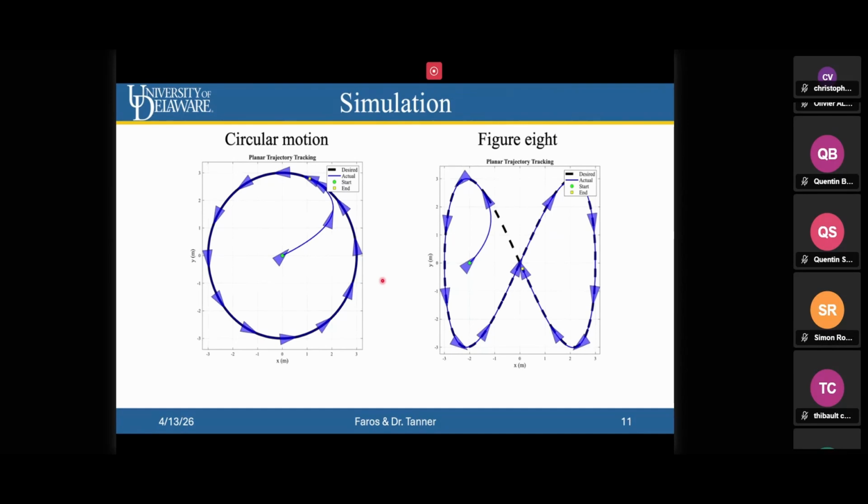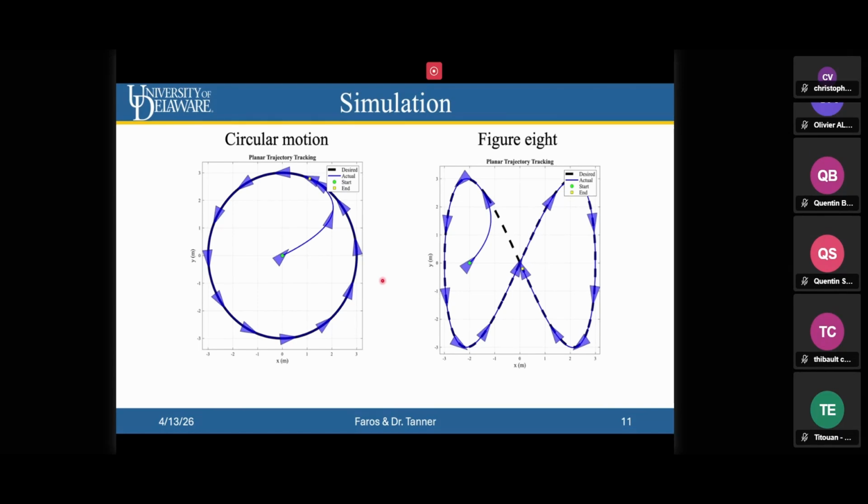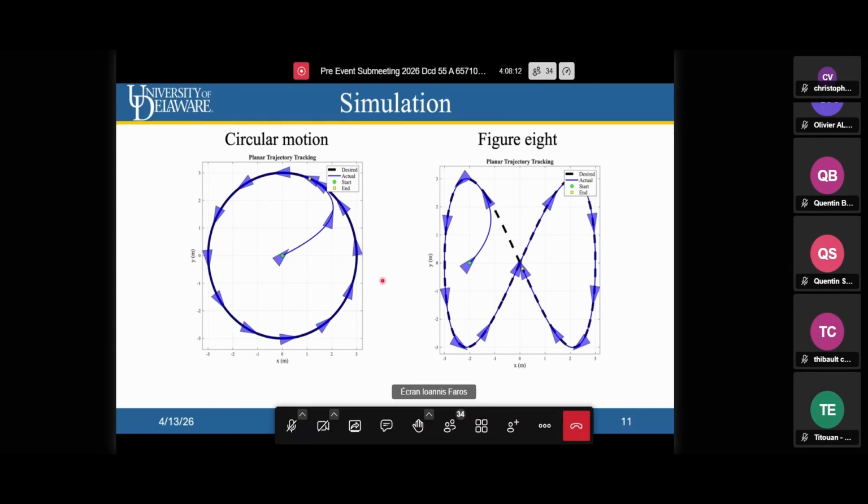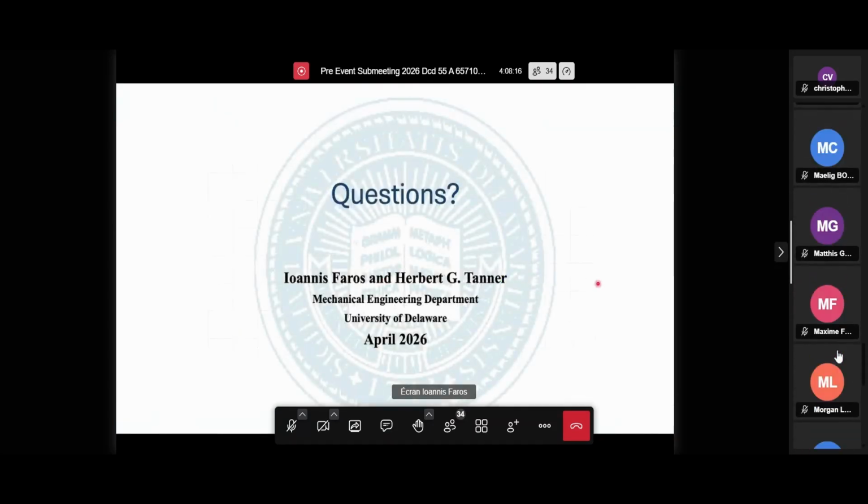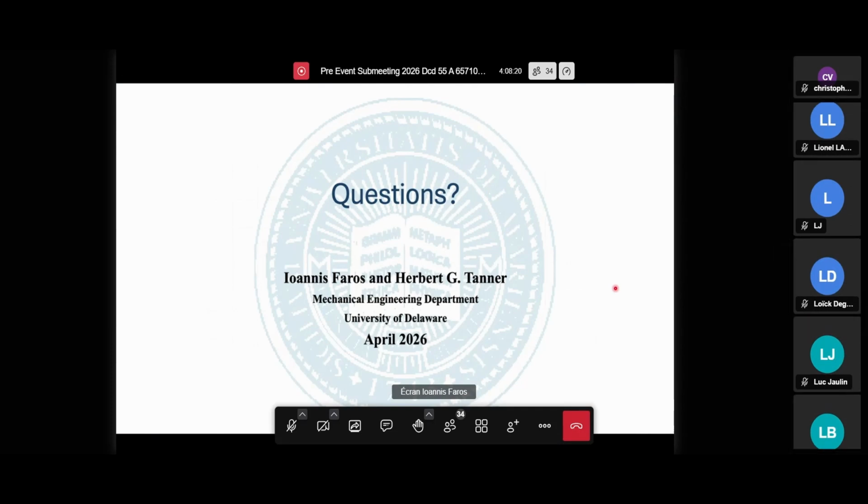We had two different, of course, initial conditions for these two trajectories, and in each trajectory we see that the vehicle actually manages to catch the desired trajectory that we gave to the model. So that was my presentation. Thank you for your attention, and I'm going to be happy to answer any of your questions.